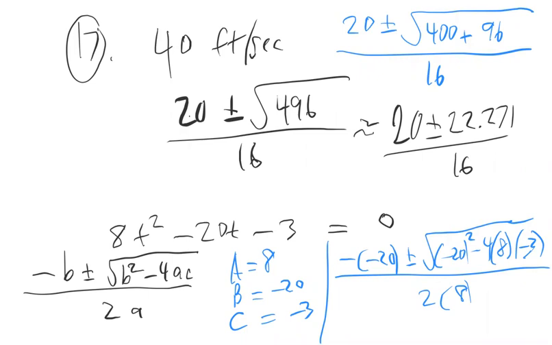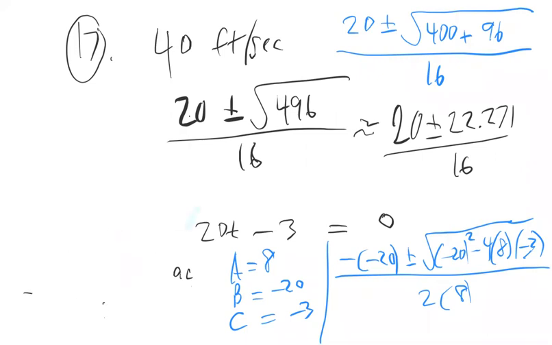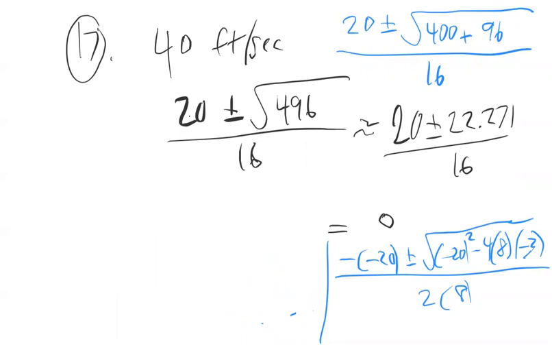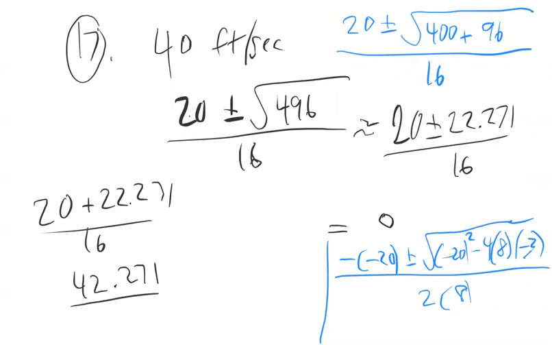So I'll only do 20 plus 22.271 over 16. Now 20 plus 22.271 is 42.271. So 42.271 over 16 is approximately 2.64. But the answer only needs 1 decimal point.